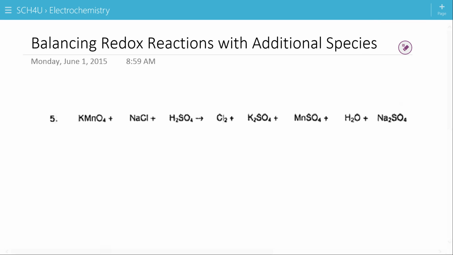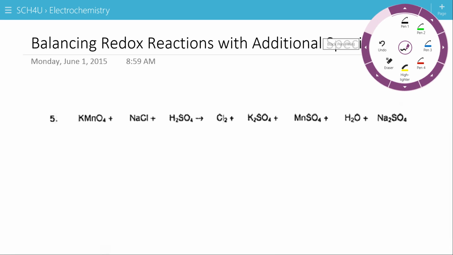So the first thing that we have to figure out is which of these species are going to be experiencing a change in oxidation number, or which ones are actually involved in the sharing or exchange of electrons.